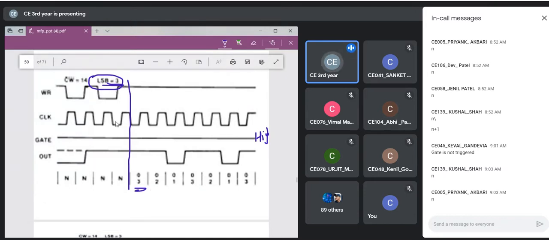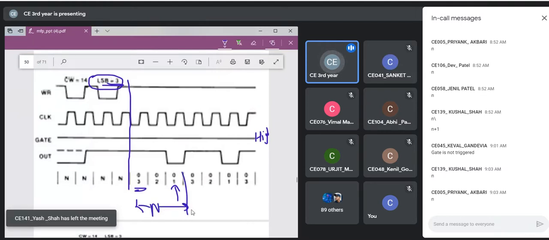So this internal register will take 3, then 3, 2, and 1. Suppose this is n pulses, n is 3. For n minus 1 pulses, out will remain high, and in the last pulse, it will go low.